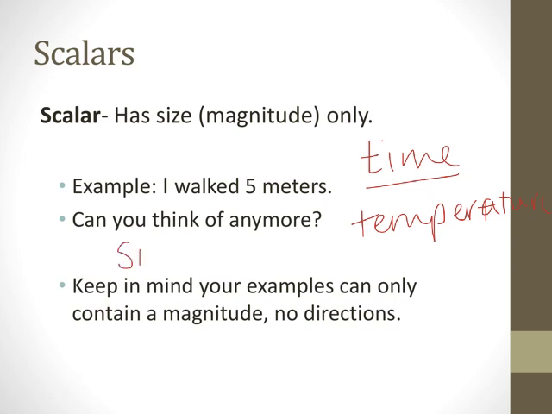Your SI unit for temperature is actually the Kelvin, and 0 Kelvin means the complete absence of temperature. There are no negative kelvins. So temperature is another scalar quantity, and we'll work with this more throughout the course. Just keep in mind, it's a magnitude only, no direction.